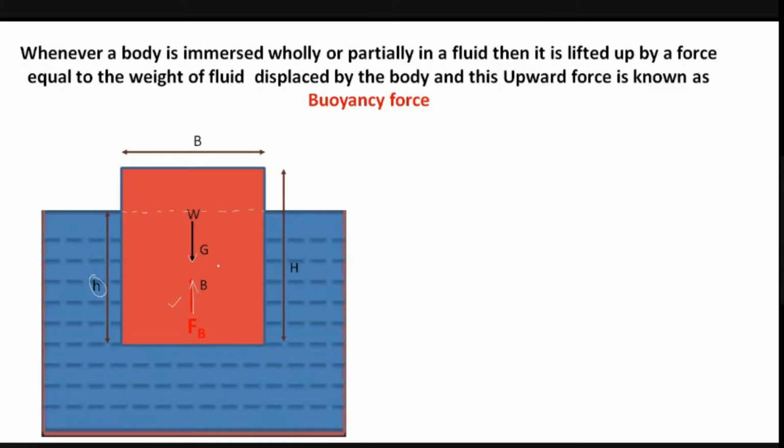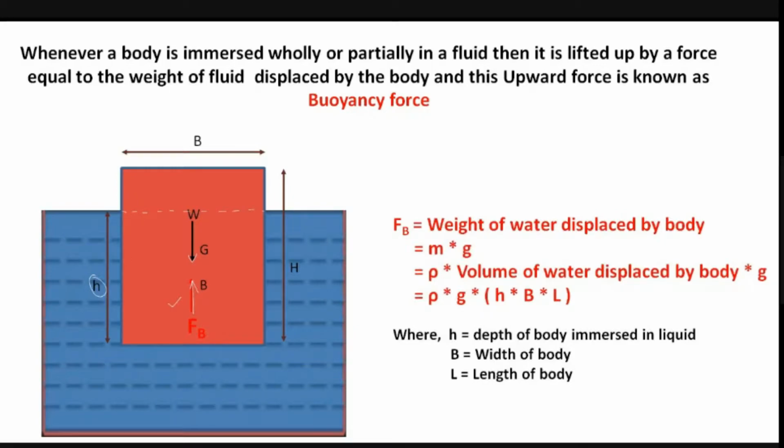Now for this particular example, if we want to calculate the buoyancy force, then FB, the buoyancy force, equals the weight of water displaced by the body. Here I'm taking the fluid as water, and this body has dimensions of capital B into H, but I immerse it to a height of small h.